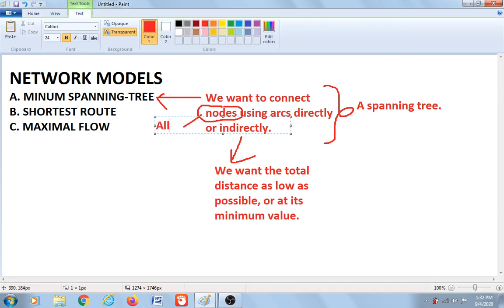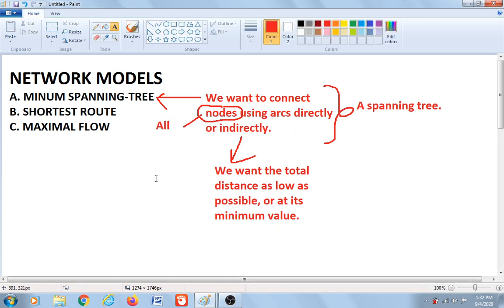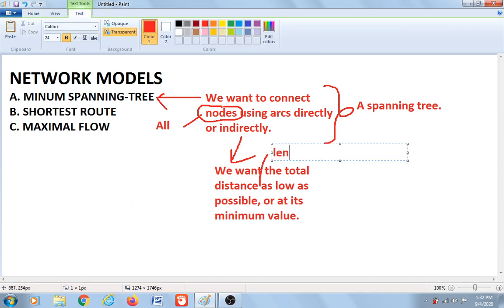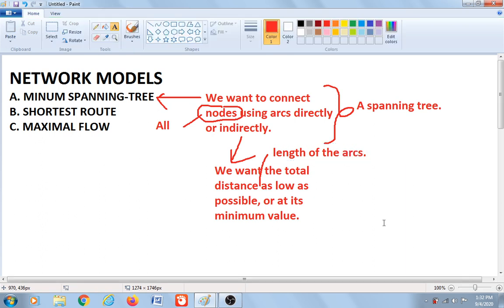So all nodes must be connected directly or indirectly, and we want the total distance, or the total length of the arcs, to be at its minimum value.